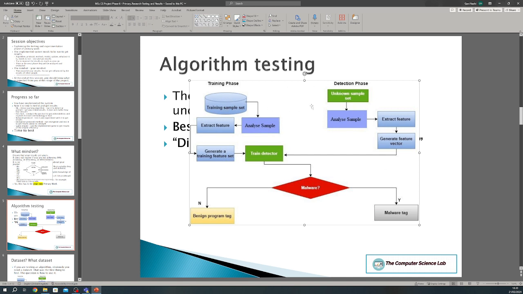So you see now the actual work that you have done visualized in a flow chart. This is the flow chart of your work, how your work will run.